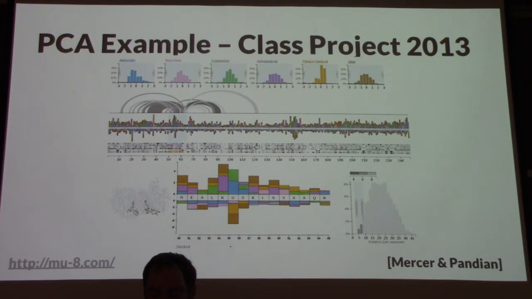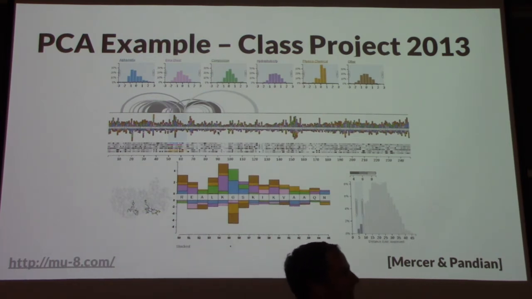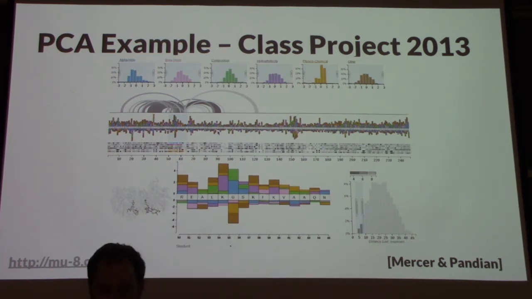They identified those two regions, and also built a 3D molecular viewer. They showed the selected sequence in detail, and the distances in these arcs and the principal components in these histograms on top of the sequence. They submitted this class project to a competition and won an honorable mention.